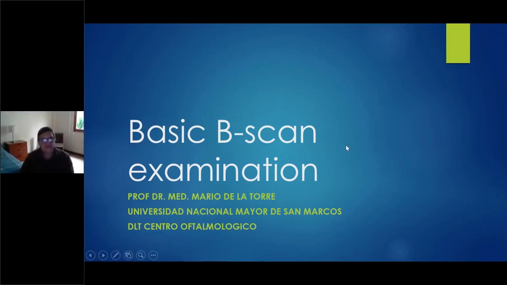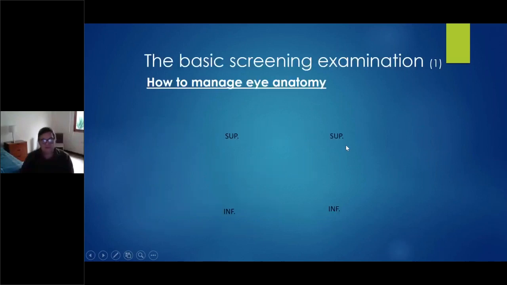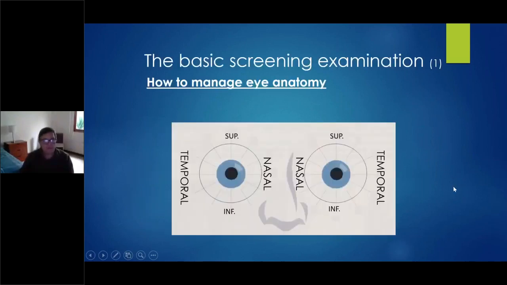Okay, let's see. In the very beginning, we must be sure what we are doing with the position, how to manage the eye anatomy. When you use the machine, you can look for the inferior, nasal and temporal part for every eye, and you can recognize as soon as possible which eye you are examining.